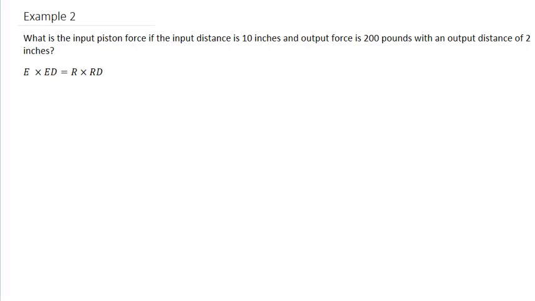We have our input distance of 10 inches, which is the ED, our output force of 200 pounds, which is our R, and our 2 inches, which is our output piston distance, RD. So now we're solving for E.